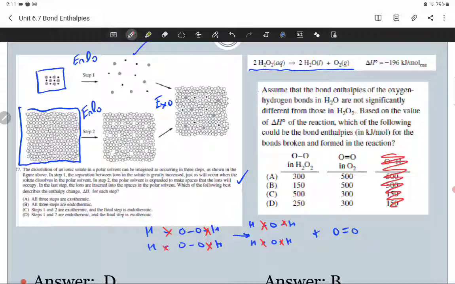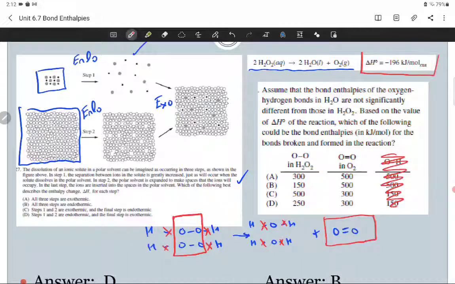So ultimately, what we really have going on here, as far as differences of bond enthalpies, is we have an O single bond to an O and another O single bond to an O, and that's going to get us over to an O double bonded to an O. Now, it's not the total chemical reaction, but this is the only thing that changes as far as bond enthalpies.